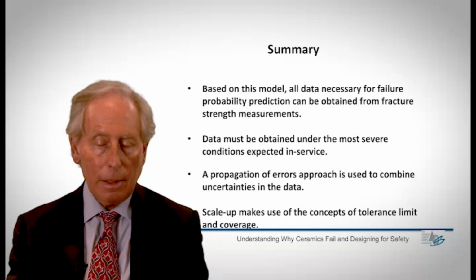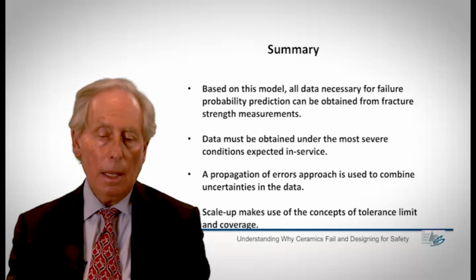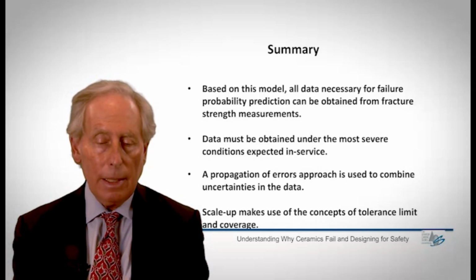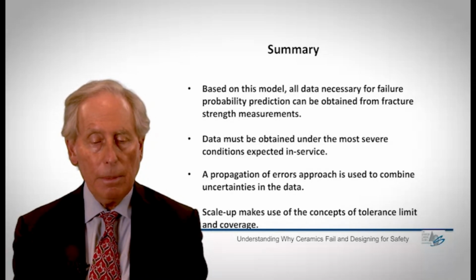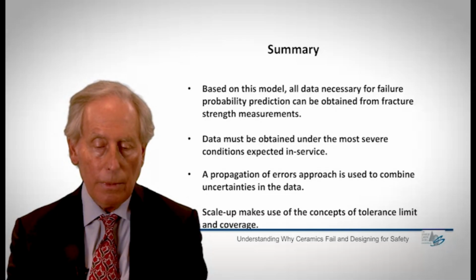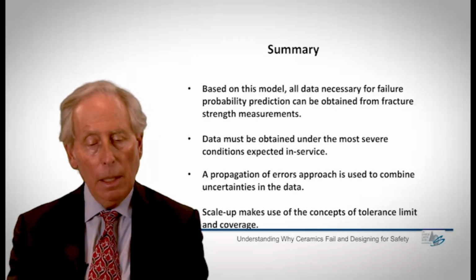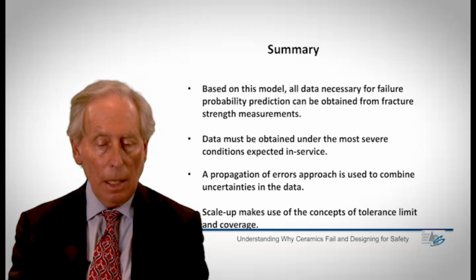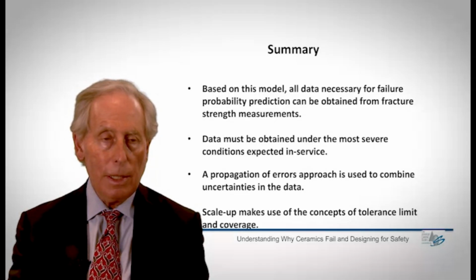So summarizing, I think for this part, that the advantage of this kind of modeling is that all the data necessary for failure probability can be obtained from fracture strength measurements. Very straightforward. Same kind of measurements you would normally do for any ceramic material. You obtain the data under the most severe conditions expected in service, and you use a propagation of errors approach to combine uncertainties in the data.